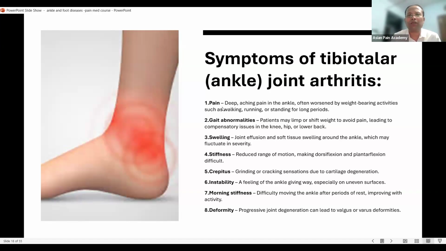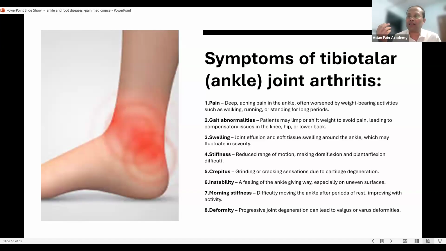So what are the symptoms? Pain, gait abnormalities, swelling, and then stiffness. As I told you, stiffness is common in inflammatory arthritis, and morning stiffness is also very common. Then comes crepitus, a grinding or crackling sensation due to cartilage degeneration.